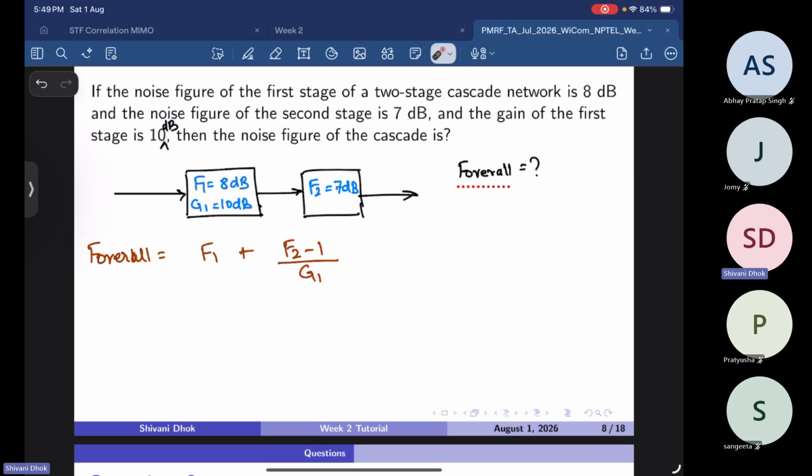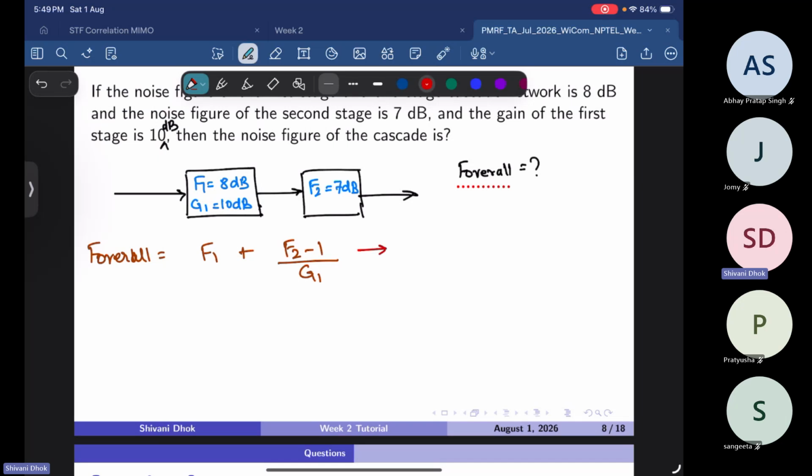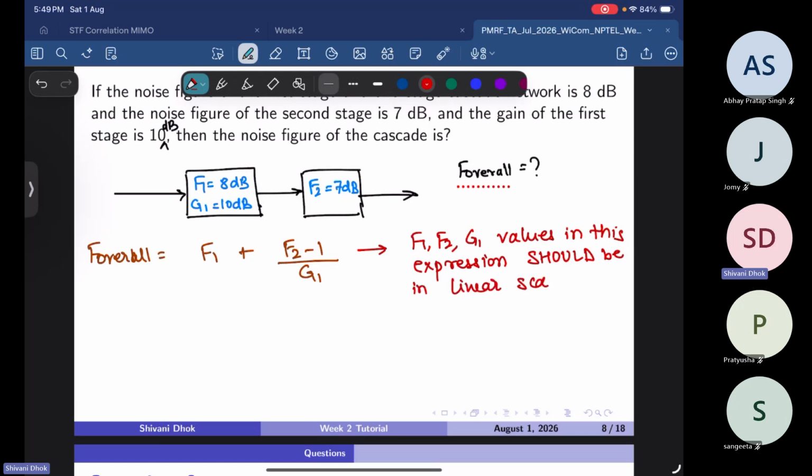No. If you directly substitute the dB scale or the logarithmic scale values in this equation, you will get completely wrong answers. Because all the values in this expression, the F1, F2 and G1 values, should be in linear scale and not in dB.